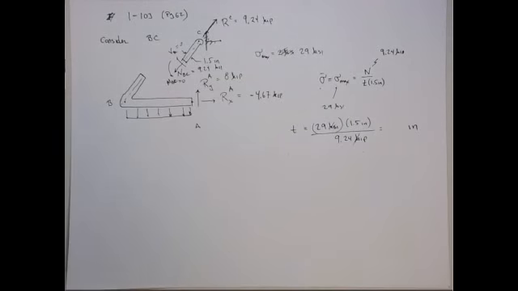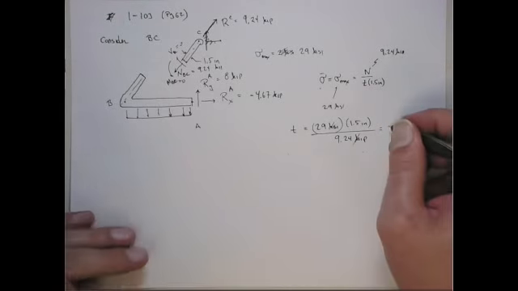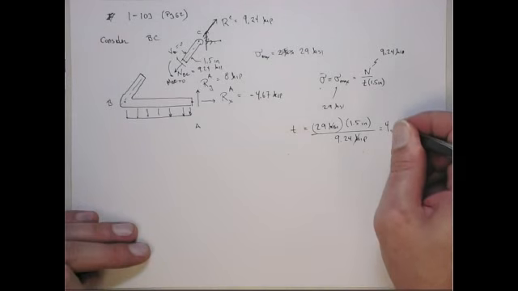And then if we just do the math correctly, 29, enter, 1.5 times, divide by 9.24, and that gives me 4.71 inches.